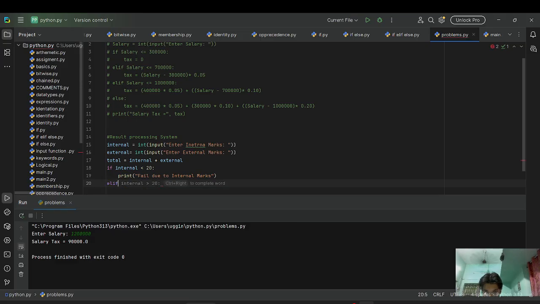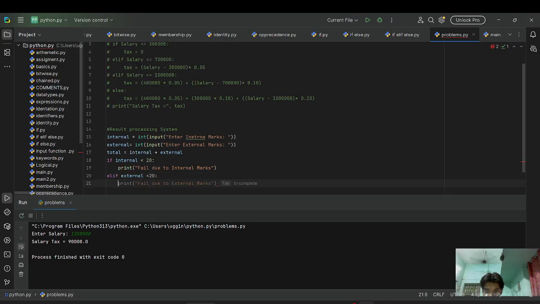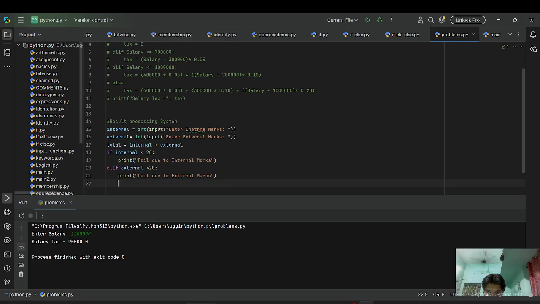If external less than 20, let's print fail due to external marks. This is enough.